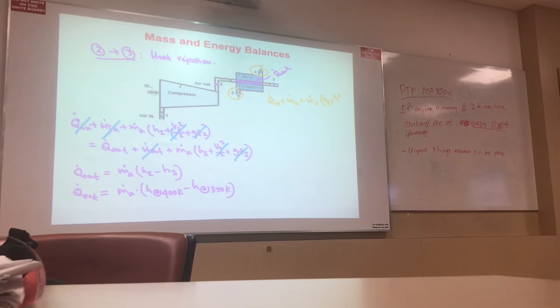V4 square by 2 plus Z4 is equivalent to Q dot out plus W dot out plus M dot water H5, V5 square by 2, Z5. So we assume change in kinetic and potential energy we can neglect.